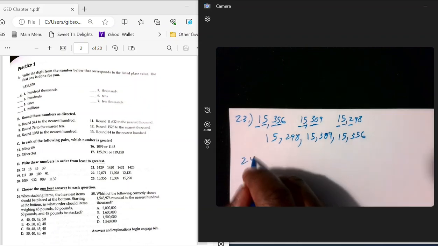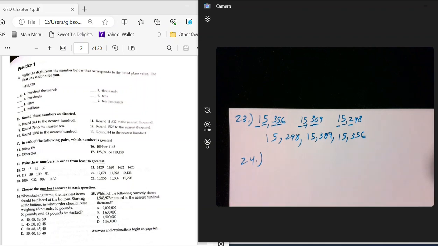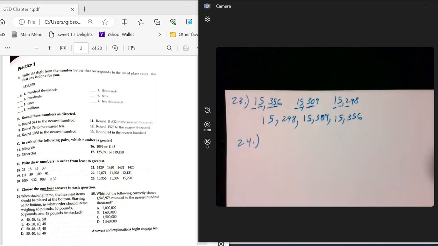Now we come here to problem 24. It says, choose the one best answer to each question. Now, when they say the one best answer, it doesn't necessarily mean that the answer is going to be absolutely correct. What it's saying is which one gives you the best answer that's provided to you.